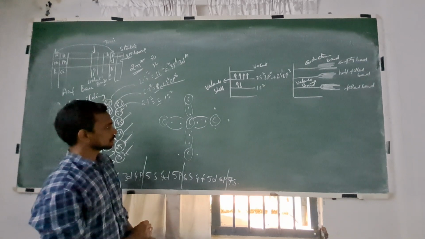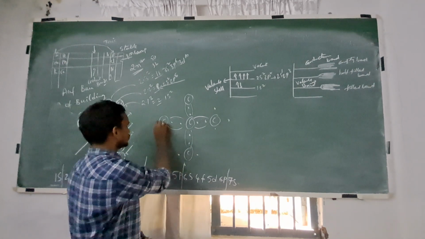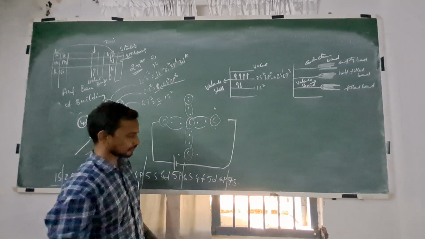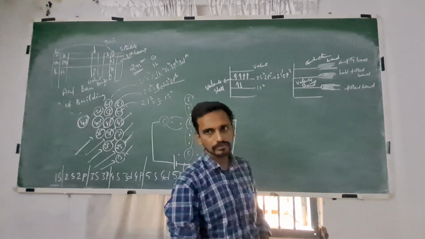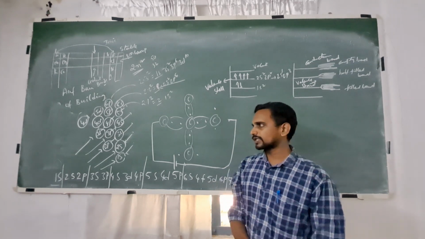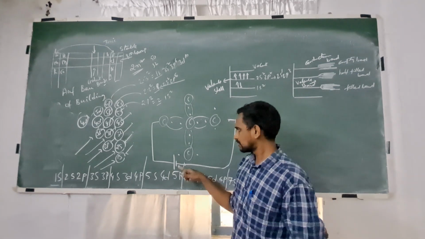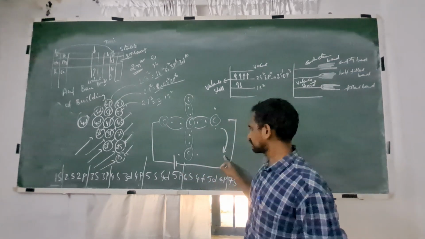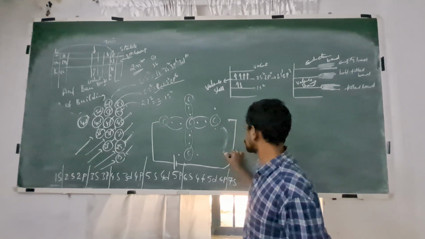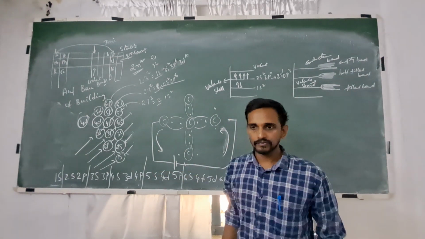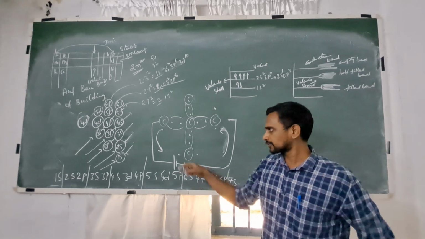So now, what happens if I give a potential here? If I connect this material to a battery, what happens? Some of the electrons may gain energy. Electrons will be pushed from this end, and they will be pulled from this end because of this positive potential.